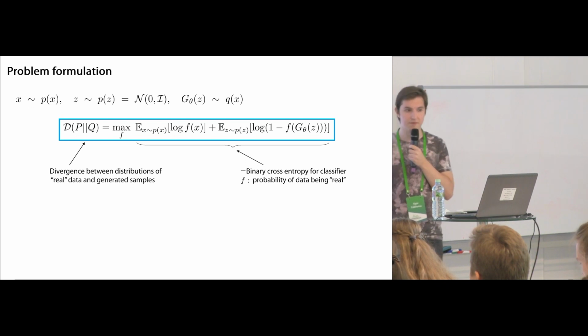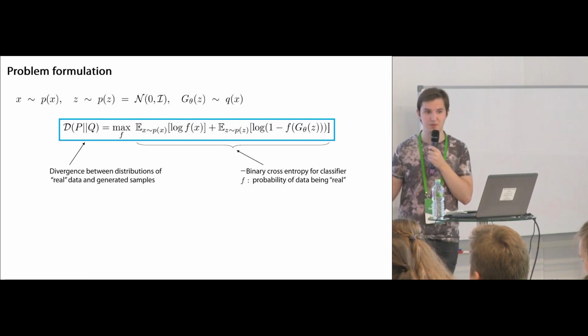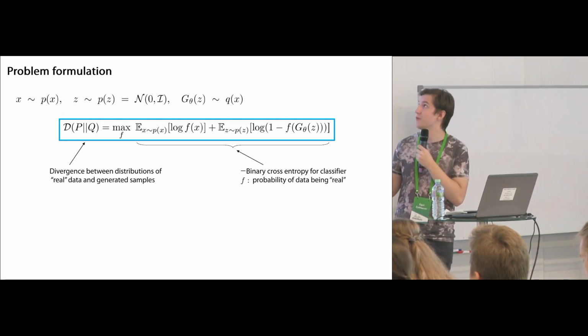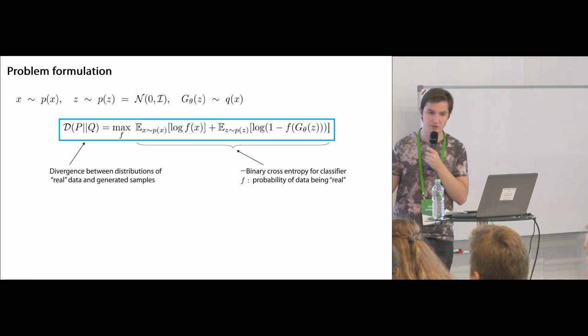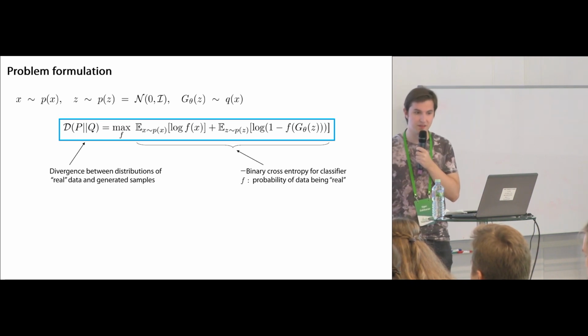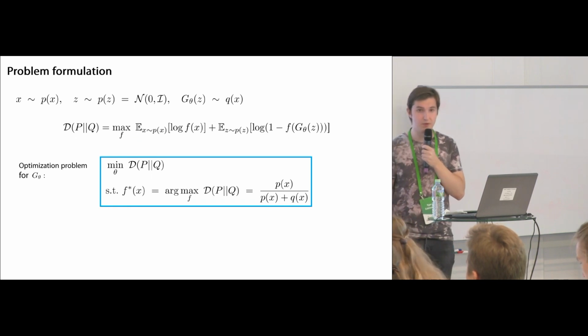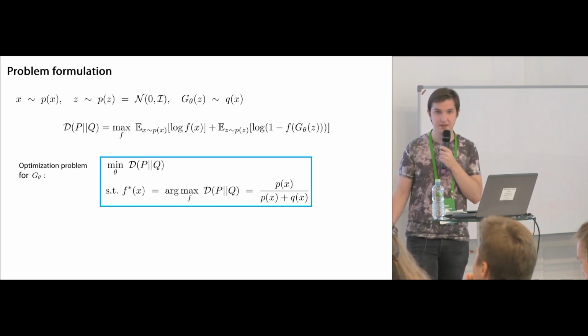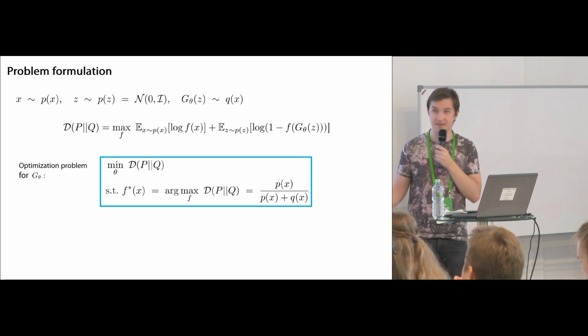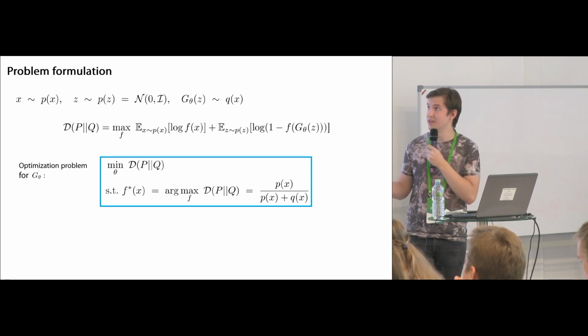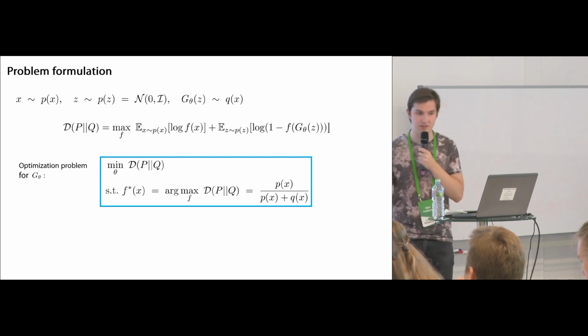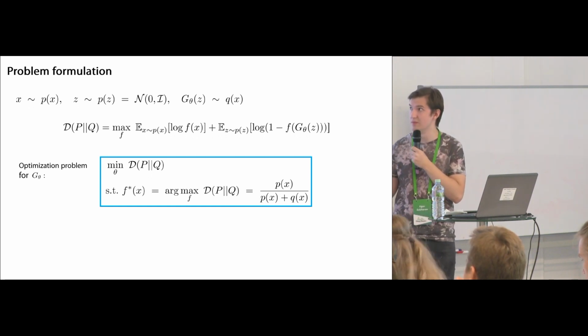So if we consider f to be a classifier that outputs the probability of its input being from the real distribution, then it outputs 1. In the other case, it should output 0. And for that objective, we're going to consider the optimization problem for g theta, where we just have to replace f with the optimal value f star. So this is like the oracle classifier, which is the solution of the problem above.